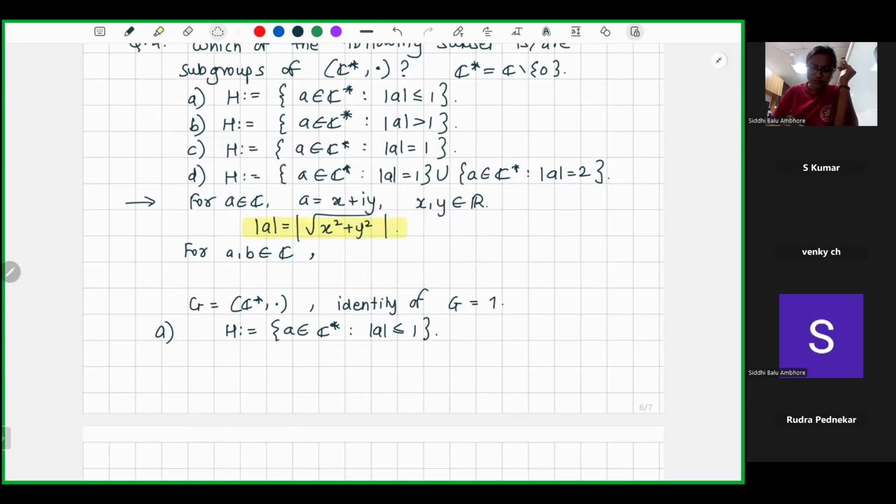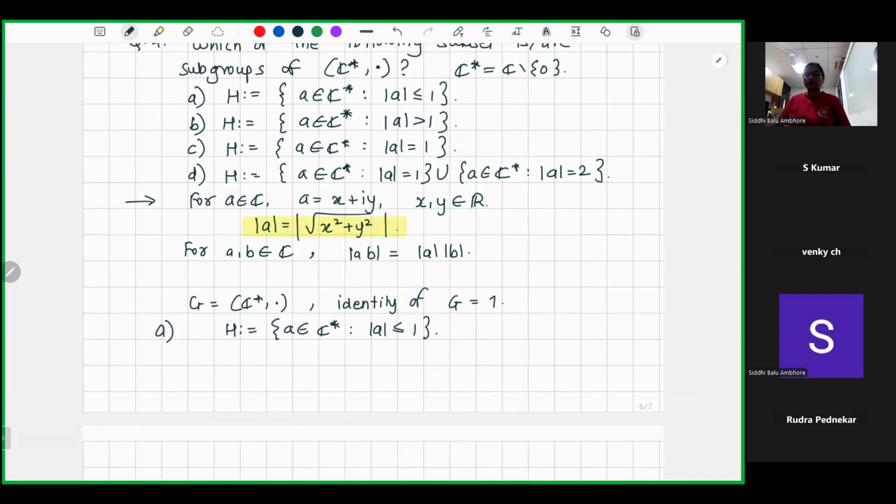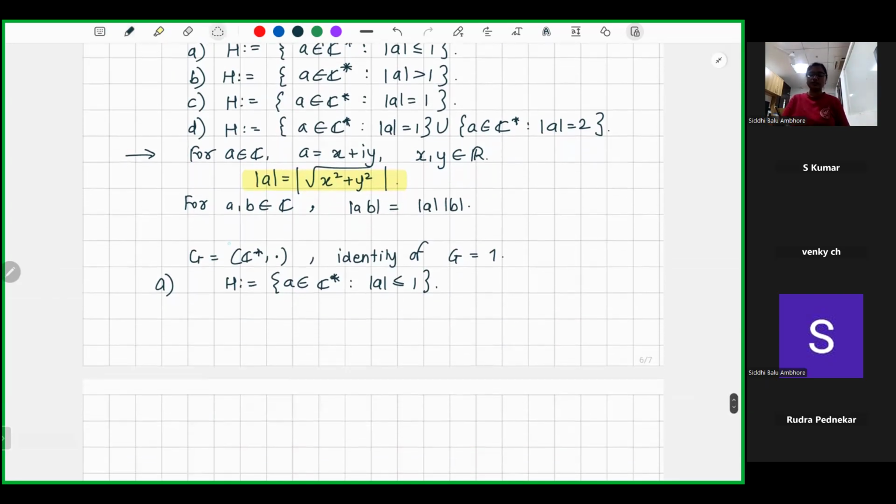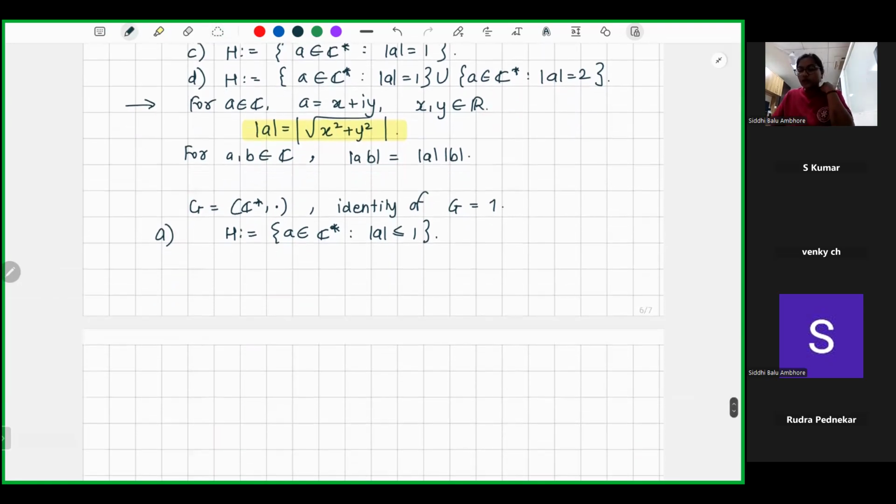So for A, B in C, I have modulus of AB is modulus of A into modulus of B. Okay, this is a property which we have in general. And this C star has identity 1, and modulus of 1 is just 1. I hope this is clear.